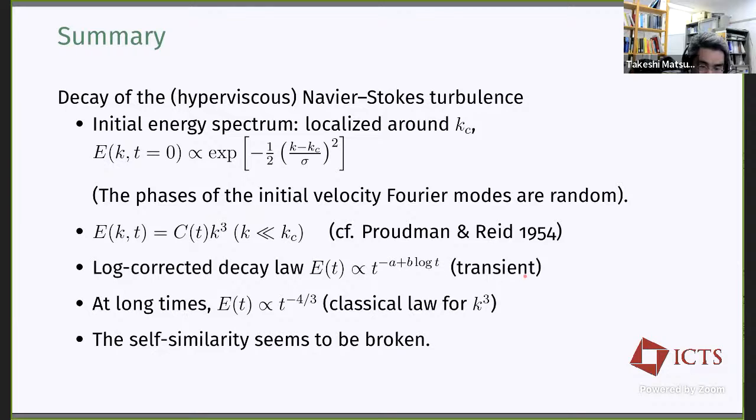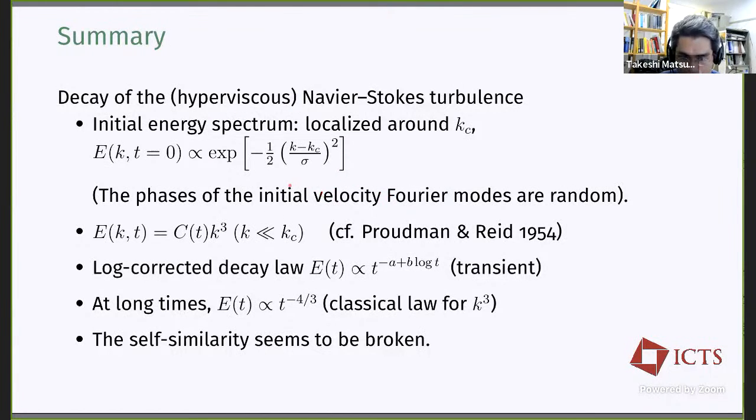Okay, so this is the summary of my talk. We studied the decay of hyperviscous Navier-Stokes turbulence, and specifically we studied a somewhat non-standard initial energy spectrum, which is localized around some wave number with very narrow widths, and the phases are random.